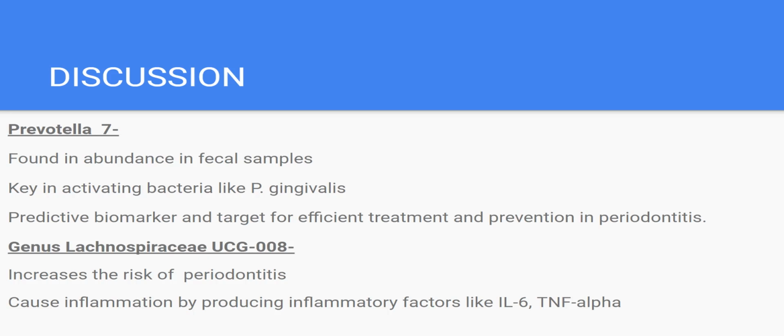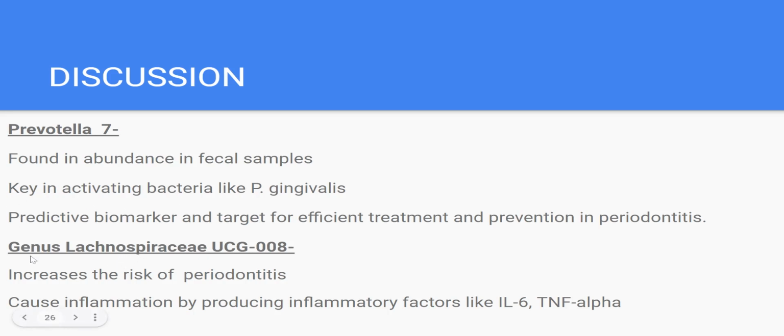So in this study, for a higher amount of Prevotella 7, we concluded that it is a predictive biomarker and can be used as a target for treatments of periodontal diseases.